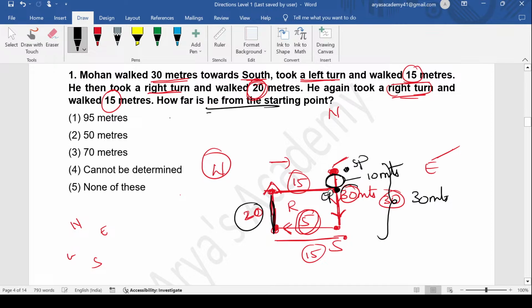The question is how far is he from the starting point? So from the starting point, he is actually at 10 meters distance, which is not among the options. So answer is none of these.